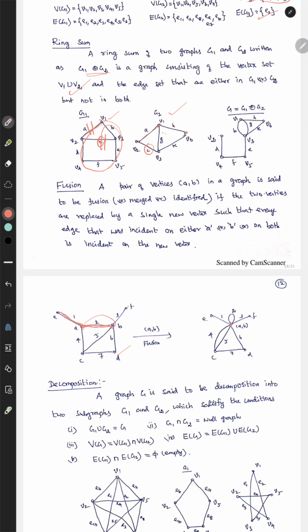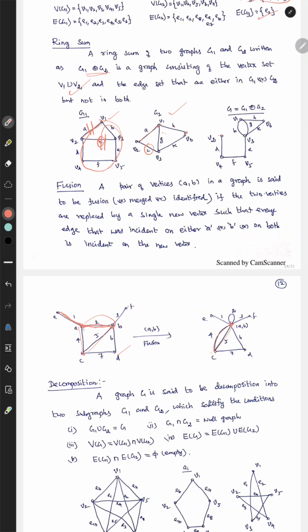D is adjacent to B, so it will be adjacent to AB. C is adjacent to B, so that will be adjacent to AB. Now C is adjacent to A also, therefore you will have parallel edges to AB from C. So C is adjacent to B and A, both the vertices which are fusing, therefore you will be having parallel edges to the fused vertex.